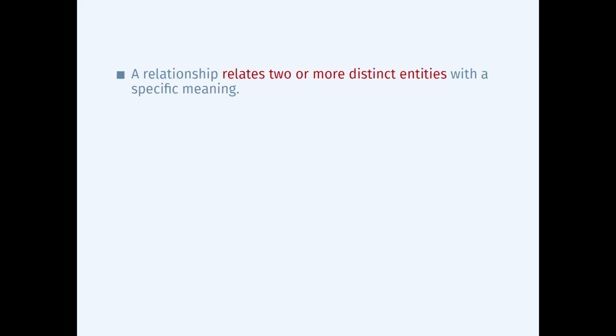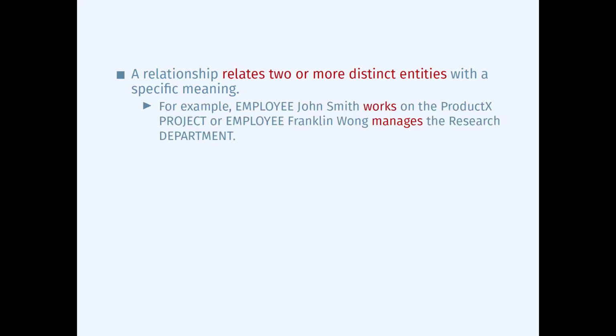Then we are going to focus on relations. So when you talk about relations, we talk about relationships. What do you mean by relationship? It relates two or more entities, right? For example, we can say employee John Smith works for a particular project, let's say Product X. So works is a relationship. Employee Franklin Wong manages the Research department.